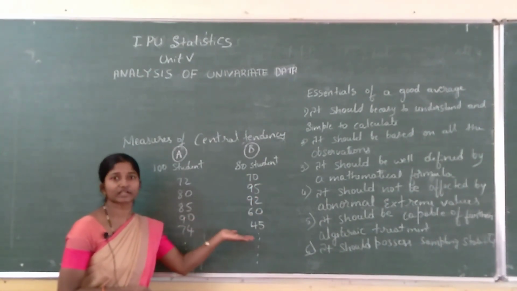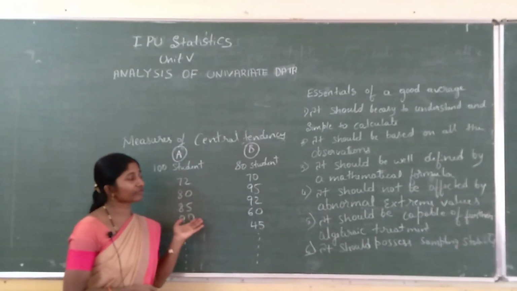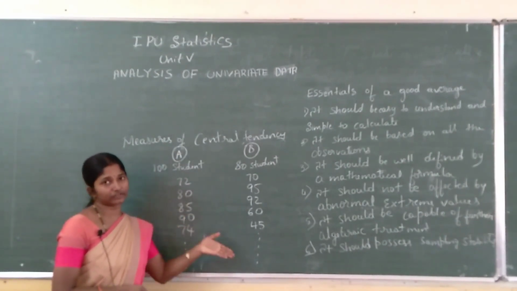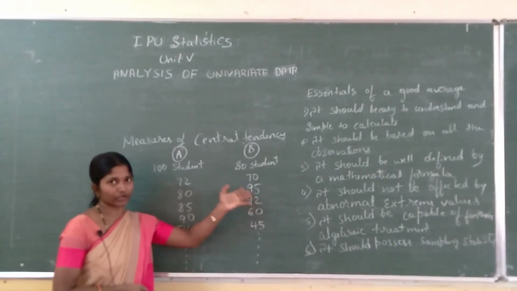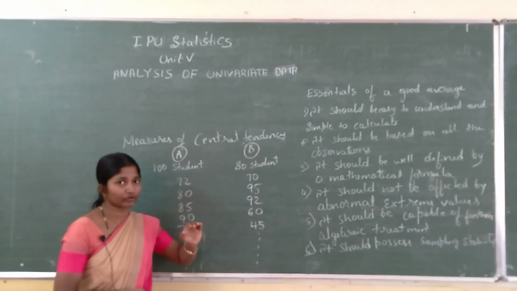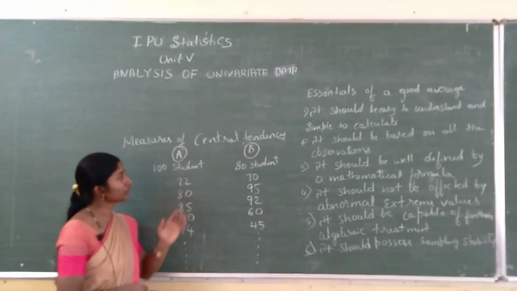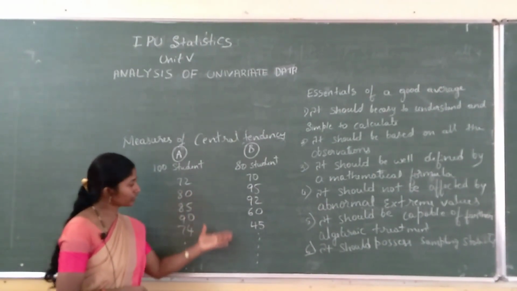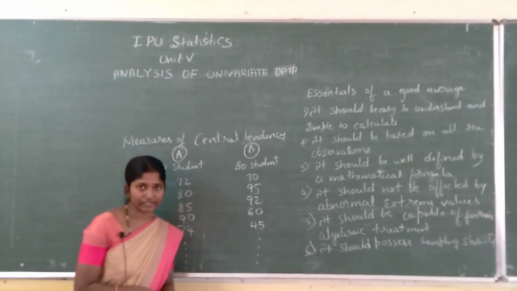If you find the single value, then it becomes easy to say which is better, group A or group B. For that purpose, to find one figure, we use measures of central tendency.